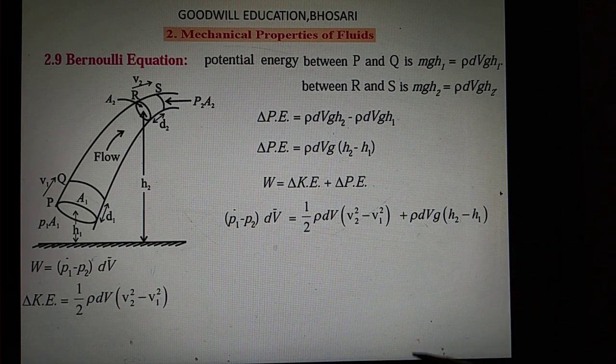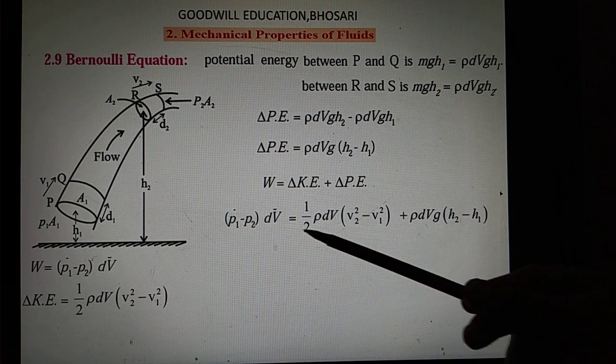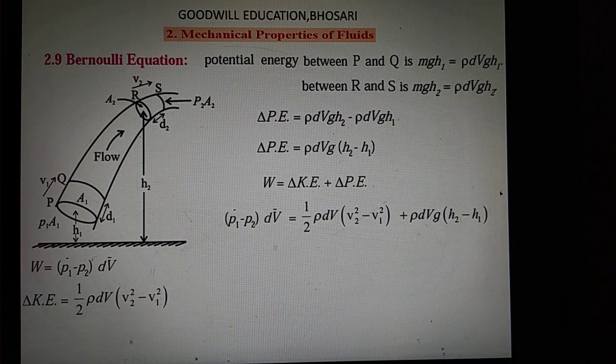If you divide by dV, it becomes work done per unit volume. So the work done per unit volume of a fluid by the surrounding fluid is equal to the sum of its kinetic energy plus potential energy, kinetic energy per unit volume and potential energy per unit volume, and this is known as Bernoulli's equation or Bernoulli's principle.